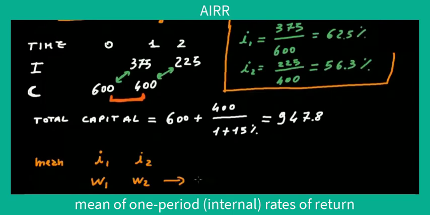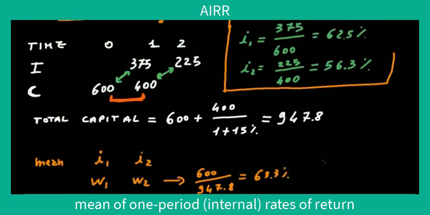The first weight is simply 600 divided by the total capital, 947.8, and this makes 63.3%.